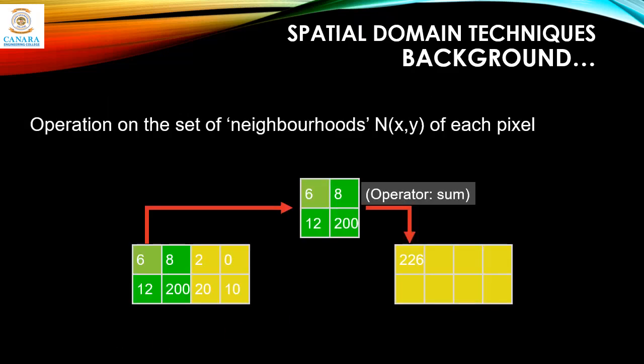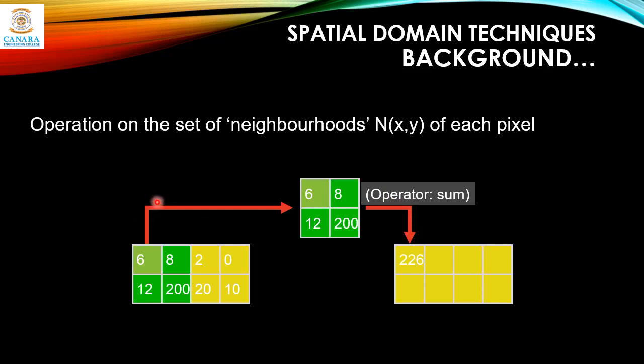So in this example, we are seeing a 2 cross 2 window, and the operator is the sum operator. What we are doing here is we are considering a 2 cross 2 window, and we are performing the addition, and then we are replacing the first pixel with the summation.